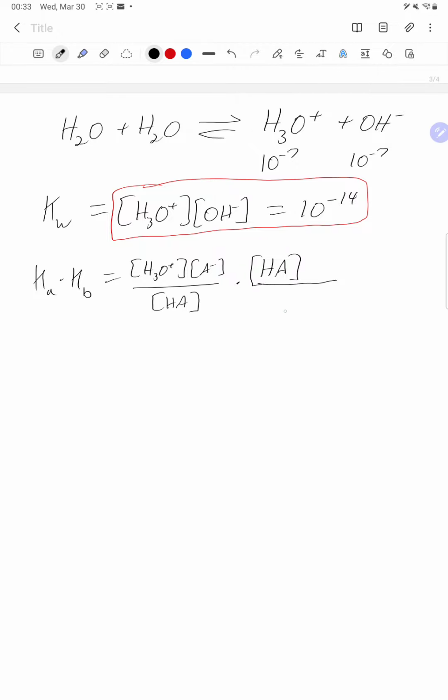Instead of putting a B or B minus on the bottom, I'm going to put an A minus, so they match. And here is an OH minus up there. So that would be our base expression, just I had B's in these positions.